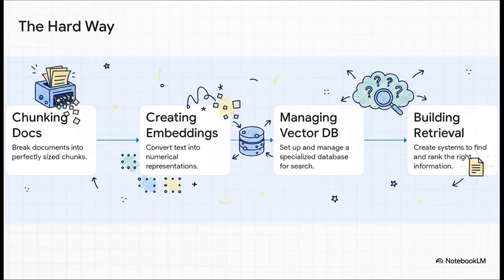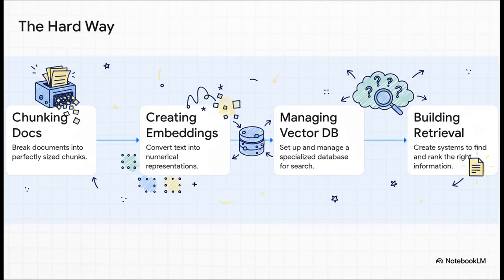Actually building this pipeline from the ground up is a serious undertaking. First, you have to source and break down all your documents into perfectly sized chunks. Then you have to create these things called embeddings, which is a fancy way of saying you turn all that text into numbers the AI can actually work with. After that, you've got to set up, manage, and pay for a specialized vector database just to store and search all those embeddings.